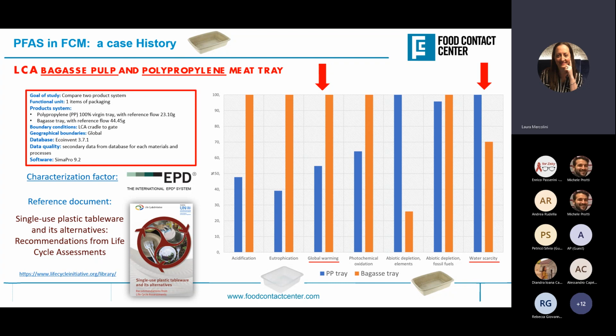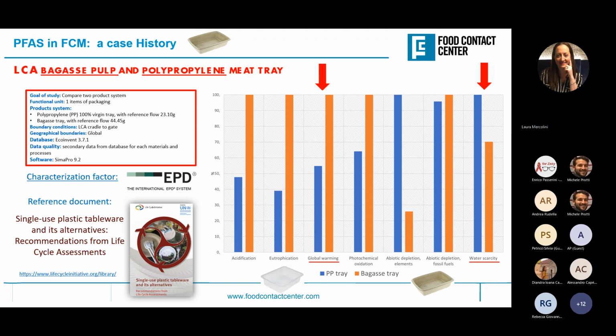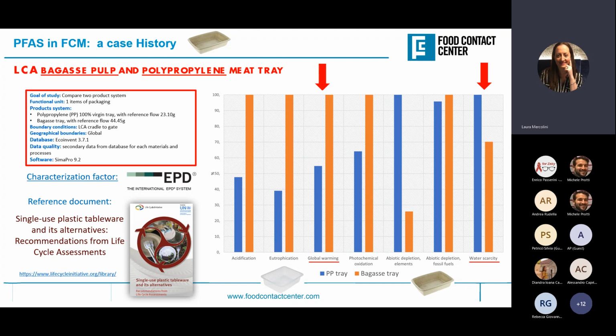And considering the LCA, we found the same conclusion that is described in this United Nations document. Also from the environmental point of view, if we take into consideration the categories of impact, we have a worse impact considering the bagasse tray.